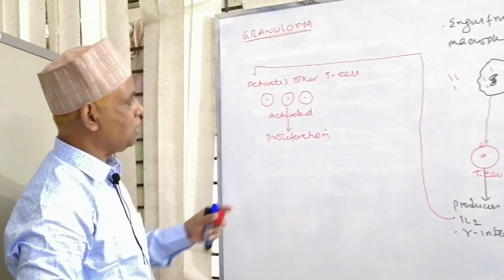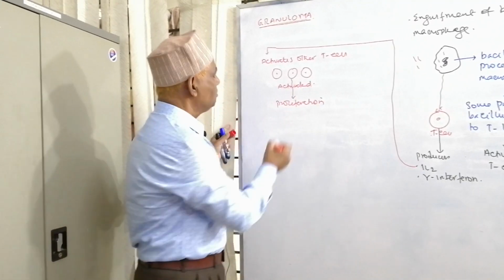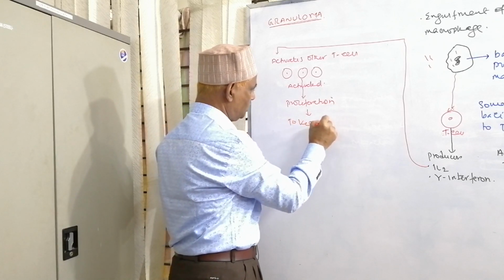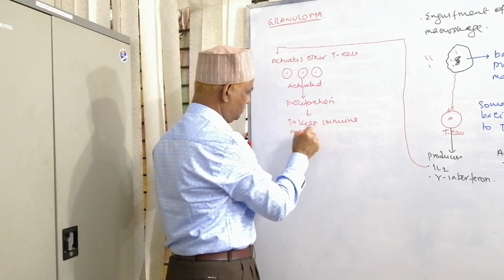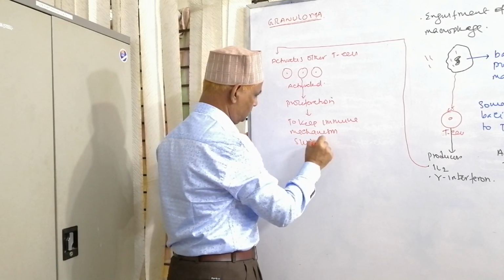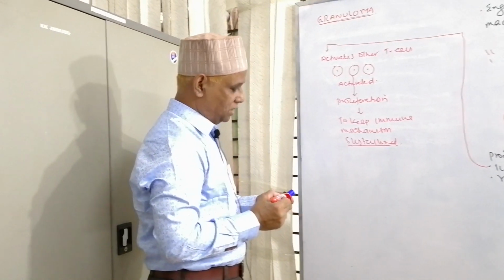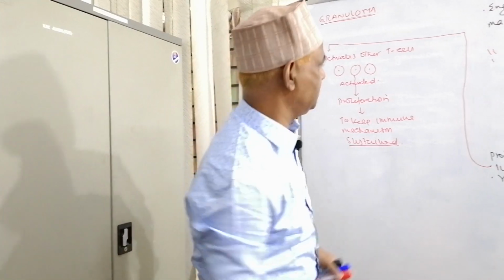So, activation of other T lymphocytes and proliferation of T lymphocytes. Why proliferation? Proliferation is to keep the immune mechanism sustained. So to keep the immune mechanism sustained, interleukin 2 causes proliferation of the other T lymphocytes.